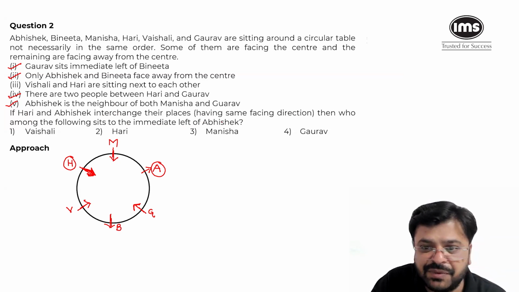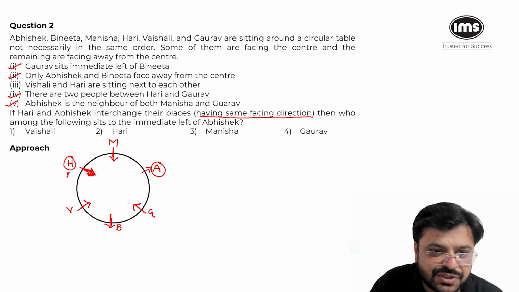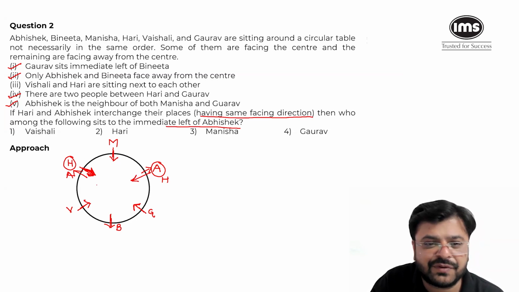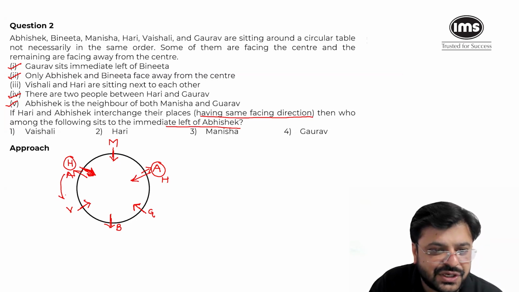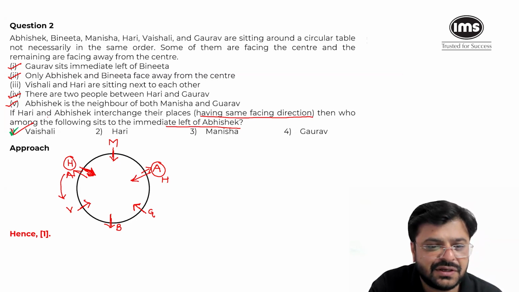Since they will be having the same facing direction, even if Abhishek comes here, he'll be facing outside, and Hari will come here and he'll face the center. Then who is sitting to the immediate left of Abhishek? To the left of Abhishek, it will be Vaishali. So the answer would be option 1.